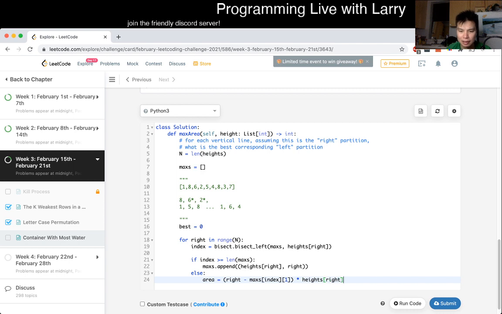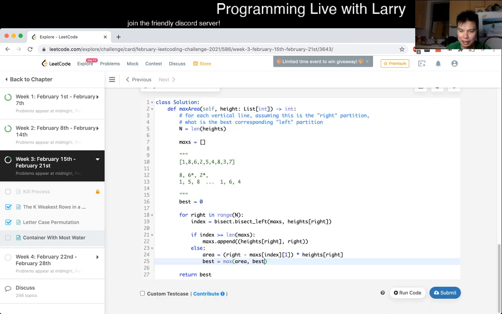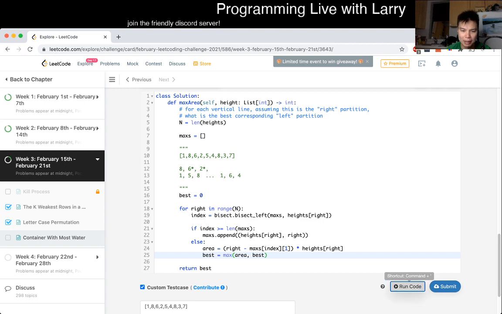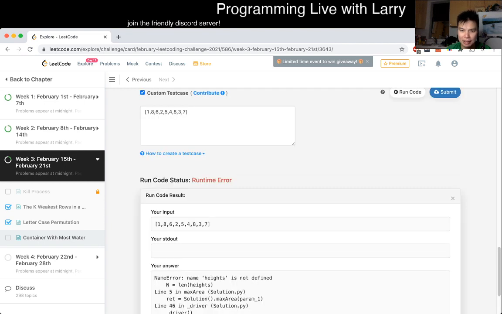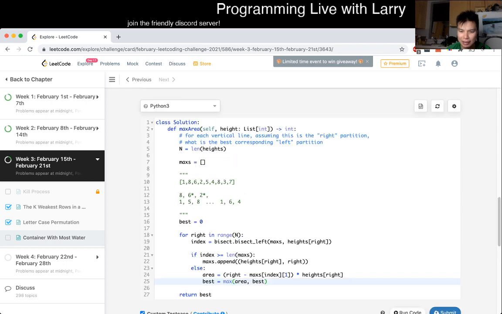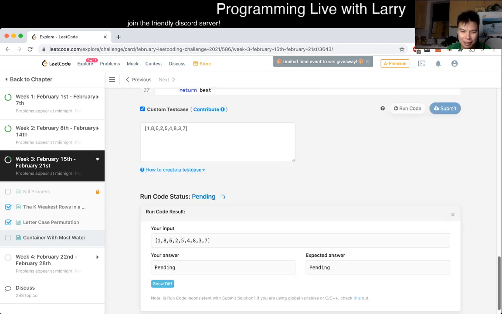All right. So this is not going to be right yet, because we only do it from one direction, so we have to reverse this and do it in the other direction as well. But I'm going to give it a run just to see whether we're okay. Did I misspell something? Is it heights or heights? Heights seems like a more sensible variable name anyway.